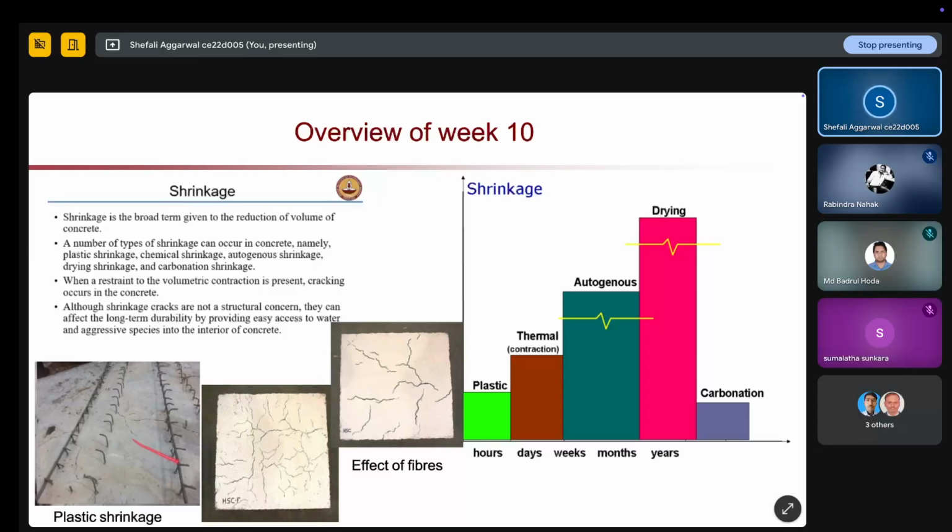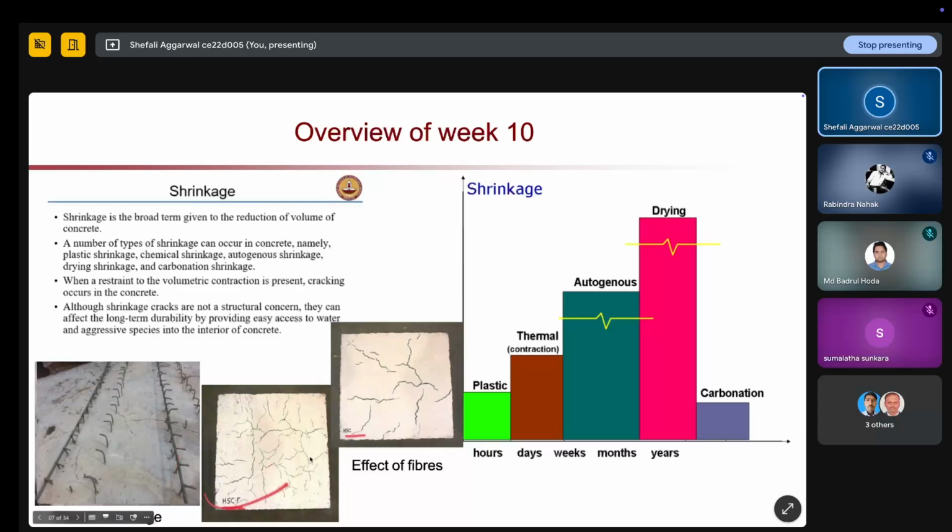How can you reduce plastic shrinkage? First and foremost, do proper curing. Other thing is you can use fibers. Fibers will keep your concrete intact, hold it properly, and reduce the crack width. If you see here, this is without fibers, and this one is with fibers.